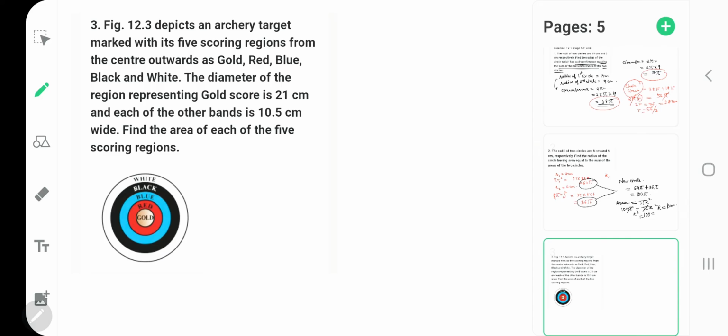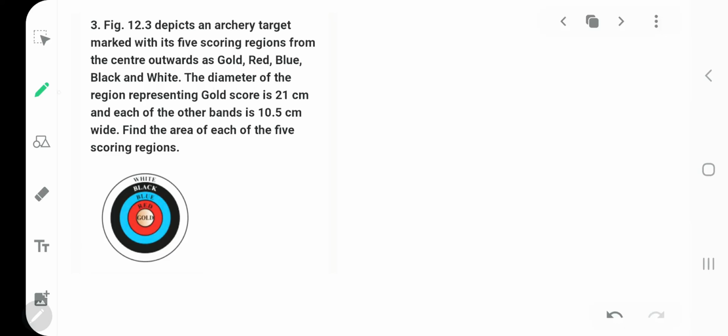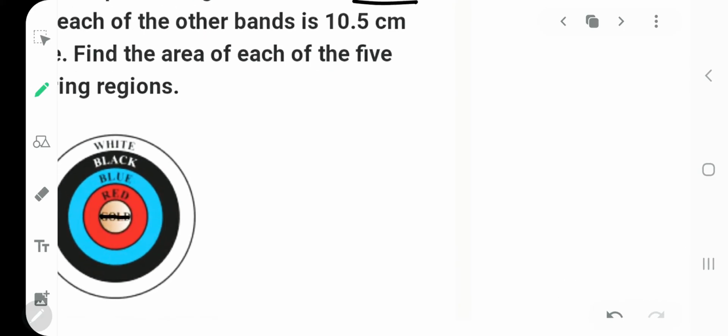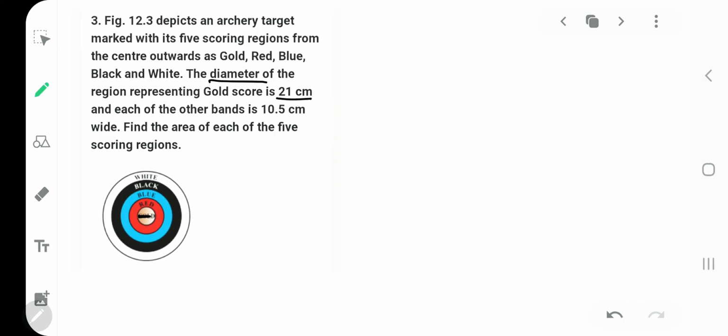Let's start. Number 1, for your gold it is given that the diameter is 21 for the gold region. So if I want to zoom it, I'll show you that the diameter of gold region is given as 21. So the radius will become 21 upon 2, that is 10.5.